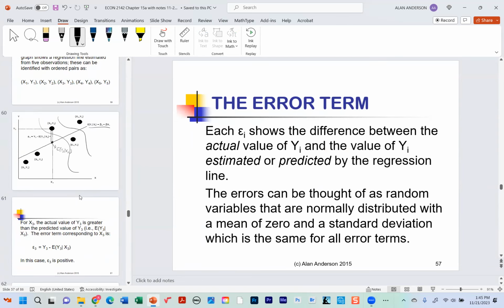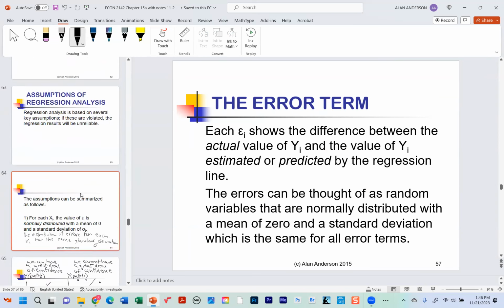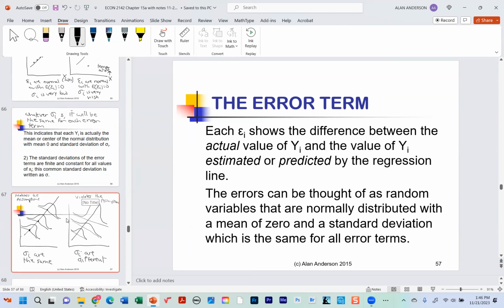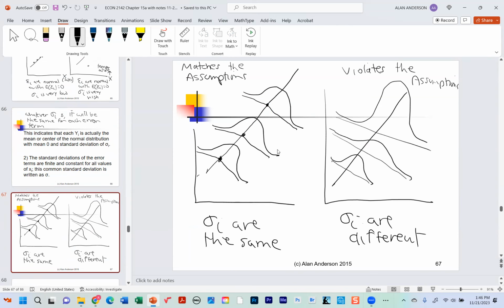Now, what I'd like to do is show you a graph that I put together, which shows you what happens when that's not true. The one on the left, the standard deviations are the same. The one on the right, they're not. How can you tell? Because of how spread out the curves are. They're all centered on the line, of course, but this one has a very high standard deviation.